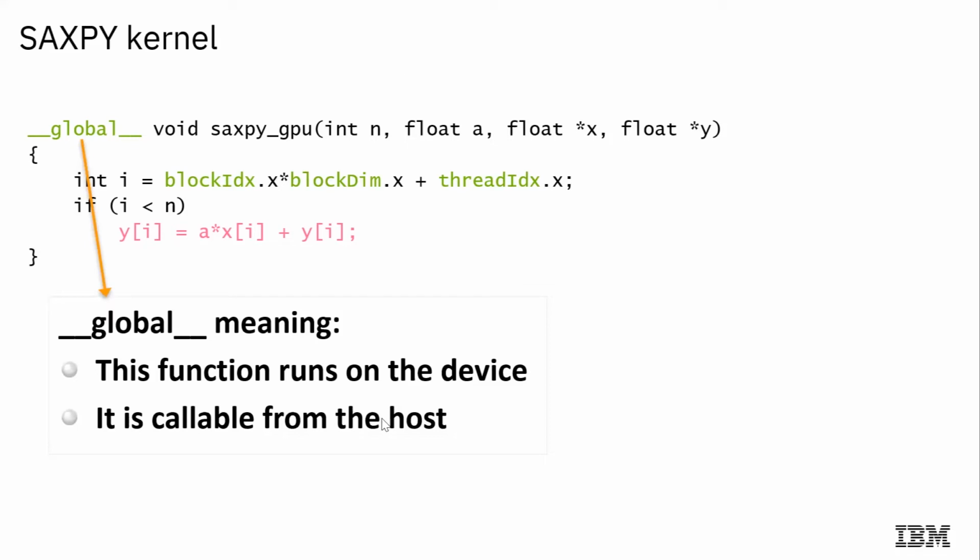So we see here that the loop that would be for i 0 to n has been replaced by a simple function, and each of the threads will identify itself and run one part of the loop, in short.